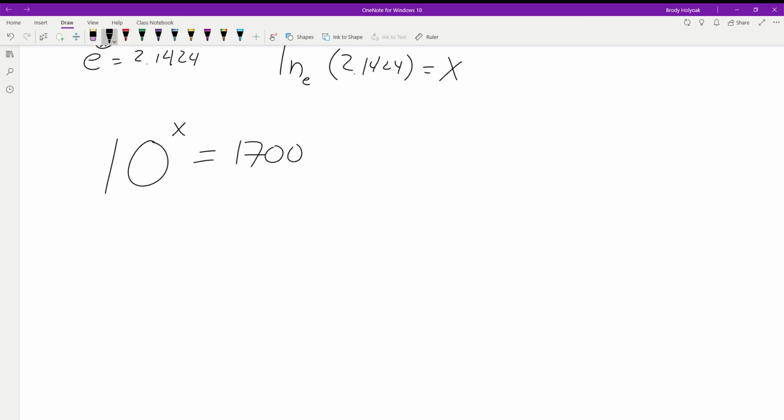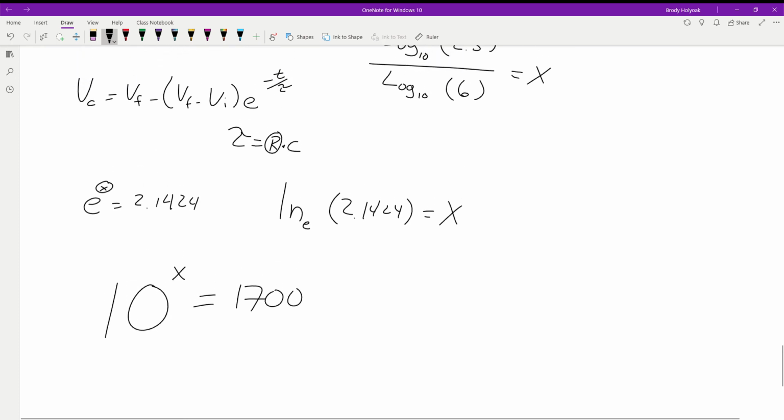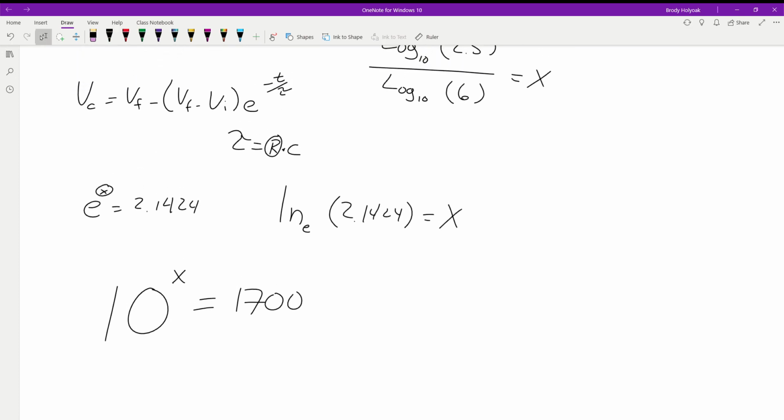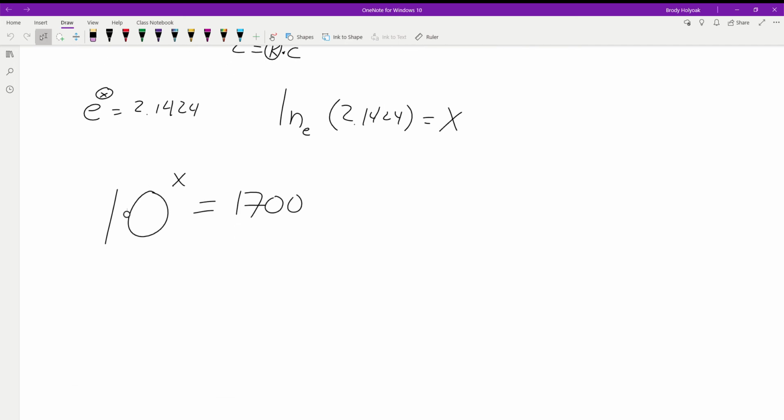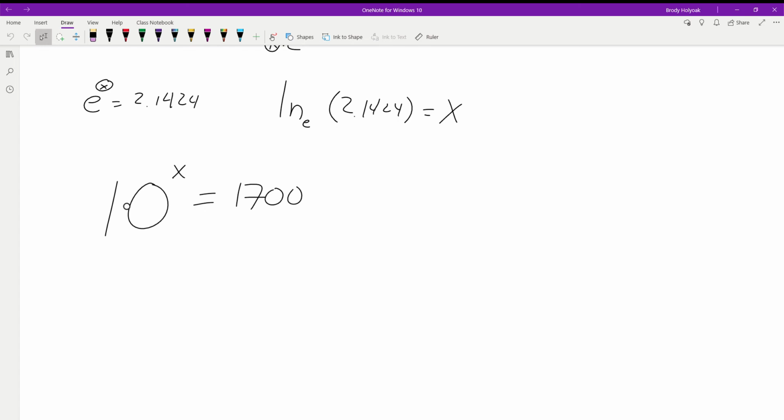Think of this equation: whatever all this information in here comes out to be 10, and we were trying to get a total value of 1700. What do we have to raise our 10 to get that value? This is where we're going to use logs. This is our base, this is our argument, and this is our exponent.